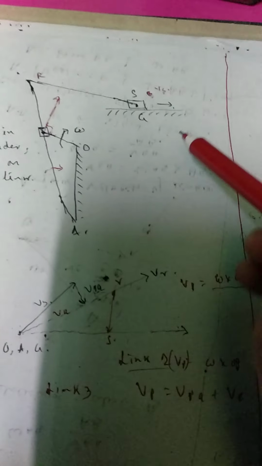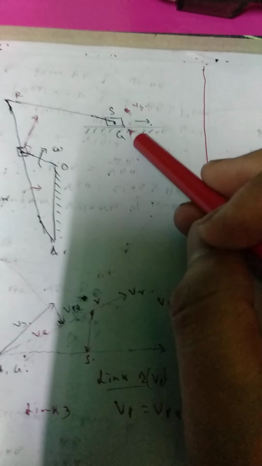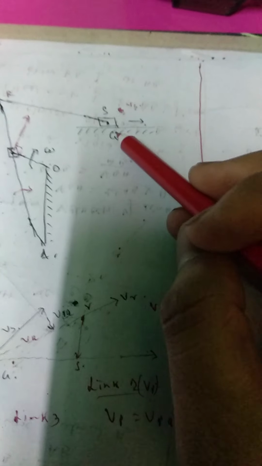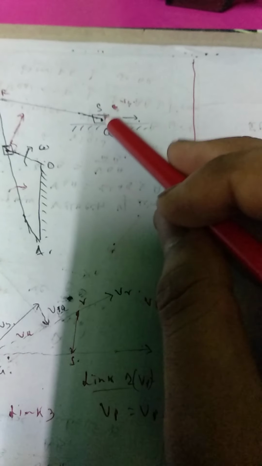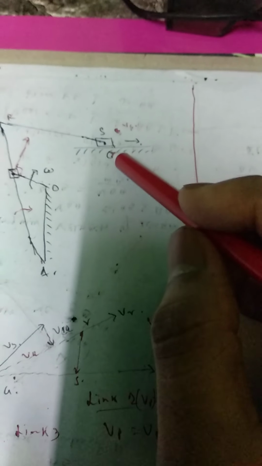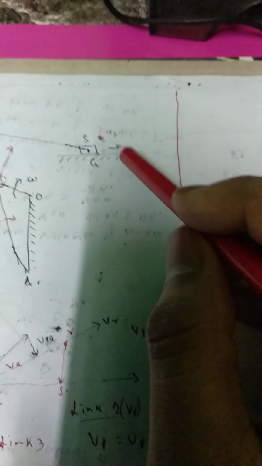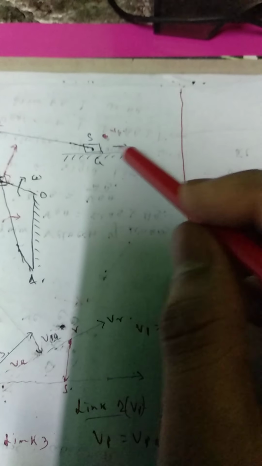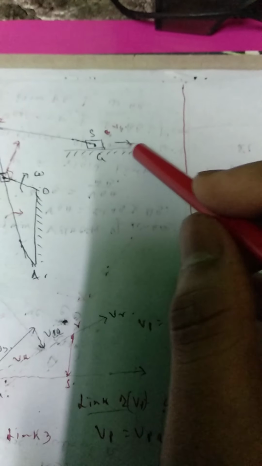Now at this instant this slider, which is on this fixed point G, can move. Suppose it is at point G, now the slider will move in this horizontal direction. So we will draw the velocity of the slider, but we do not know its magnitude. We only know the direction, in the horizontal direction. So we will draw like this, we extend it. This is the velocity of the slider. We don't know its magnitude.